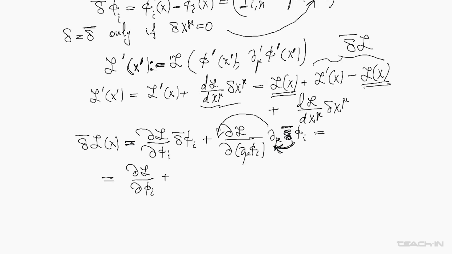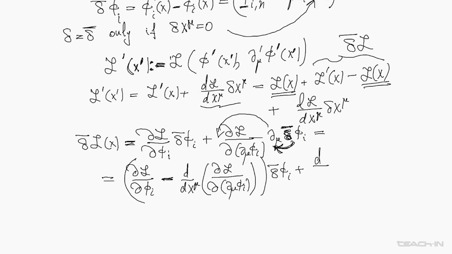So I write it as minus ∂/∂x^μ acting on ∂L/∂(∂_μφ_i), multiplied by δ̄φ_i, plus a total derivative ∂/∂x^μ acting on ∂L/∂(∂_μφ_i) multiplied by δ̄φ_i.